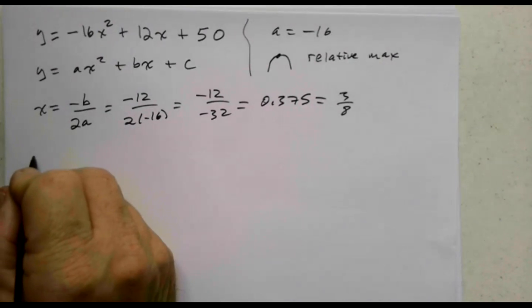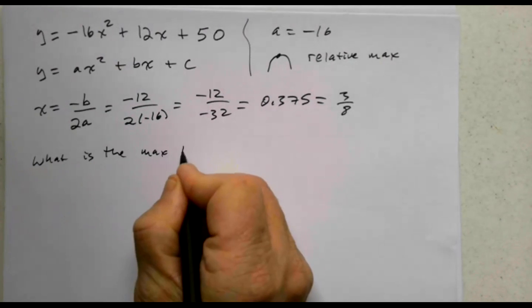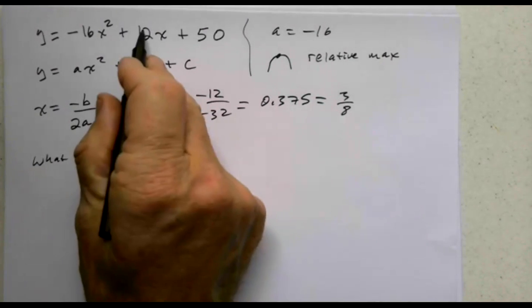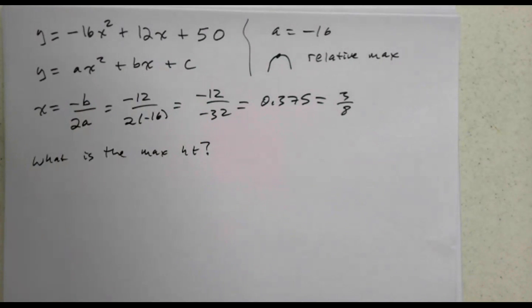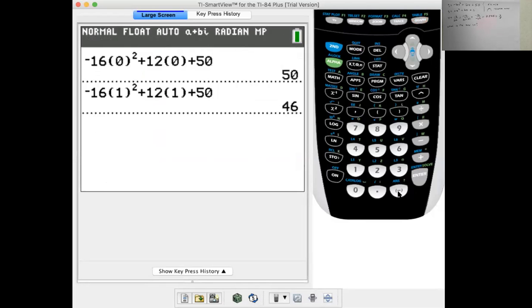But what is the maximum height? I've got to plug 3/8 into the function to find out what that is. So we know 3/8 of a second in, it reaches its maximum height. If I plug 3/8 in, which I'll do the long way here first, -16 times 3/8 squared plus 12 times 3/8 plus 50.